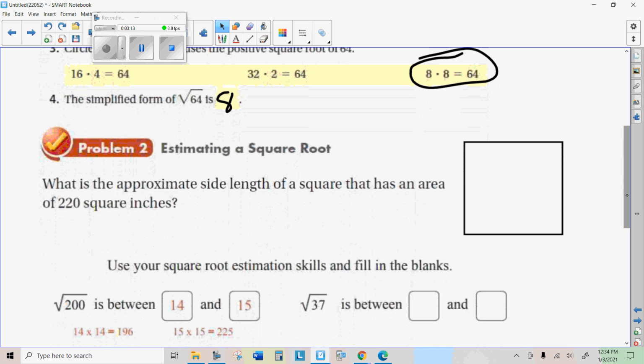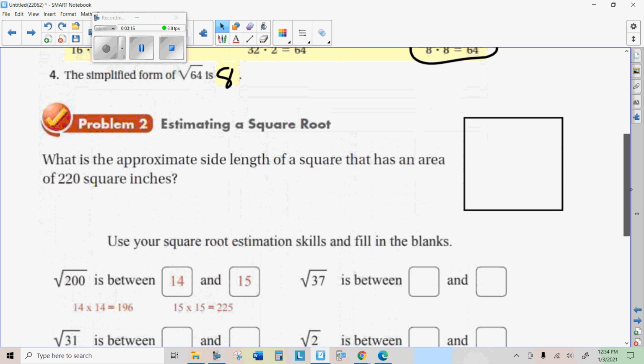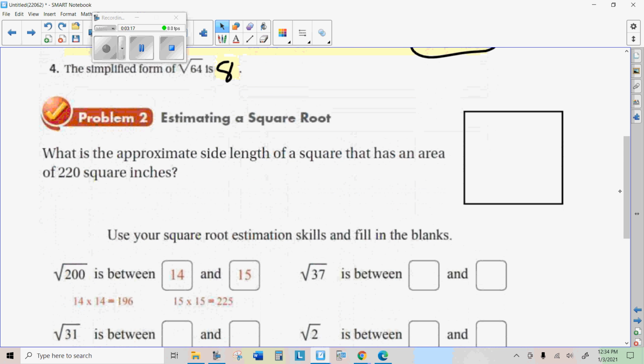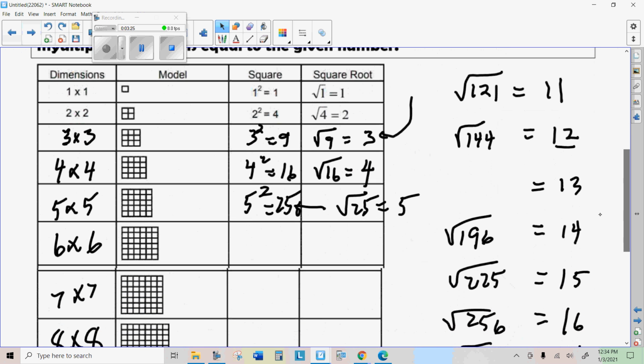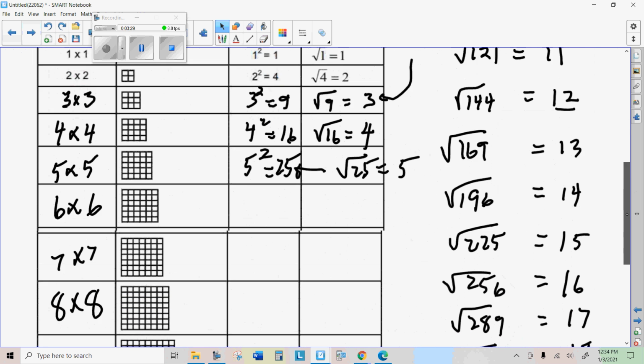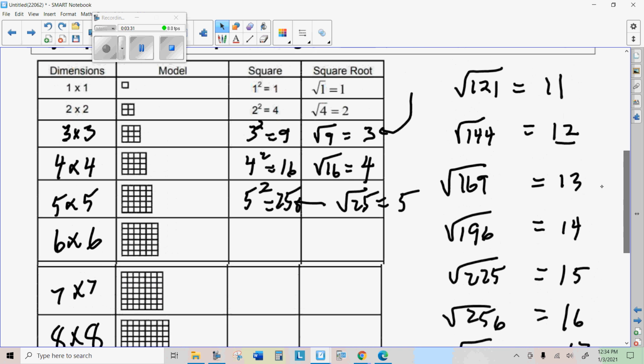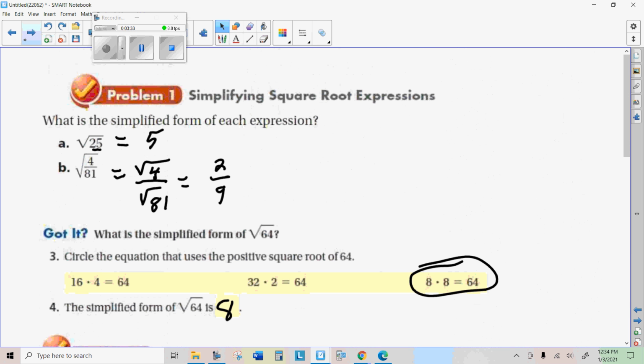All right, now when we're estimating a square root, we can use those numbers that I had you write on the previous page, those extra square roots. So finding these will help you figure out about how big each of these numbers are on this next page. All right.